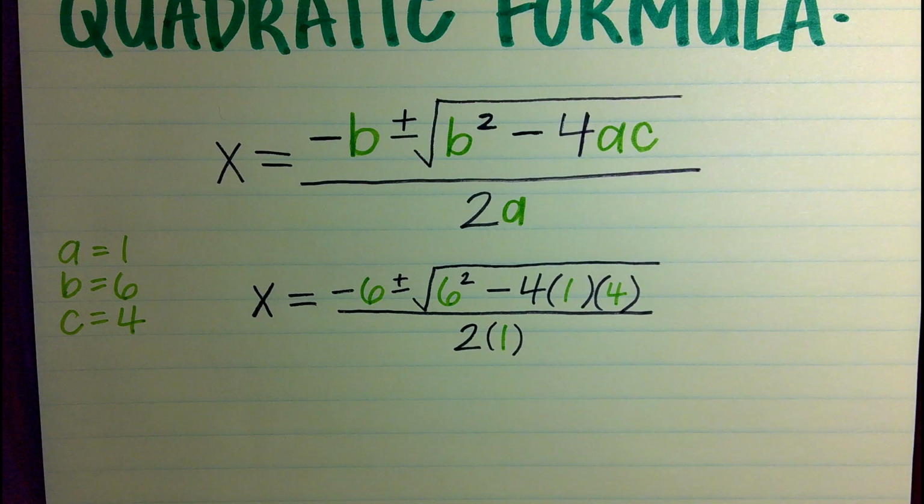So here's where the order of operations really matters, because we have a lot of operations happening right now. A lot of operations. So let's be very careful as we go through this.